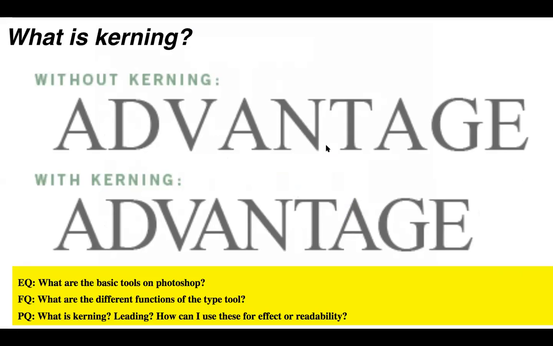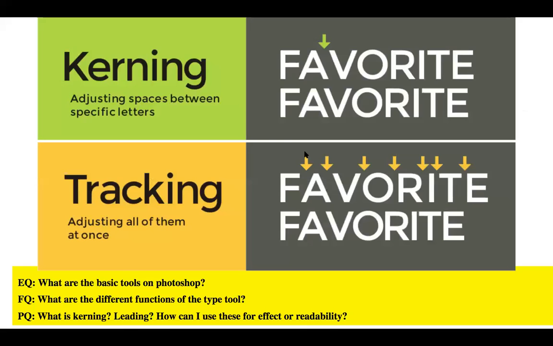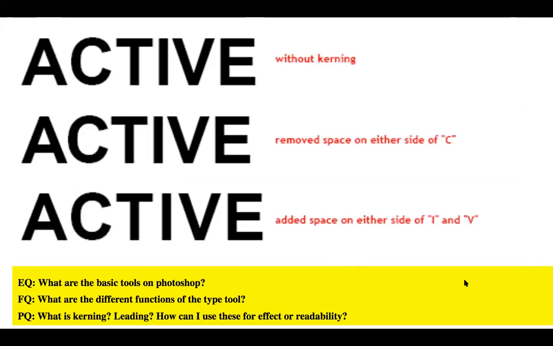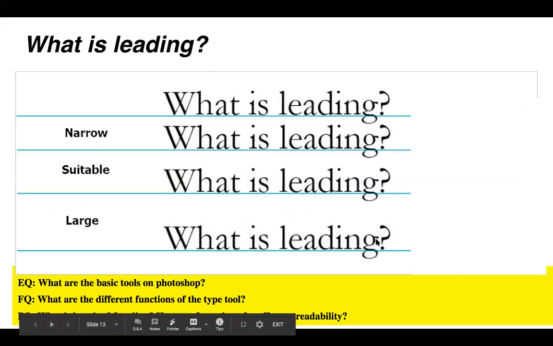And also when we're doing our comic strip, towards the end of a word, if we want to space out letters more for emphasis, we can do that. So here's just another example. Kerning is the spaces in between specific letters. And if we want to adjust the whole word and spread the letters out more, it's called tracking. These are just some more examples here.